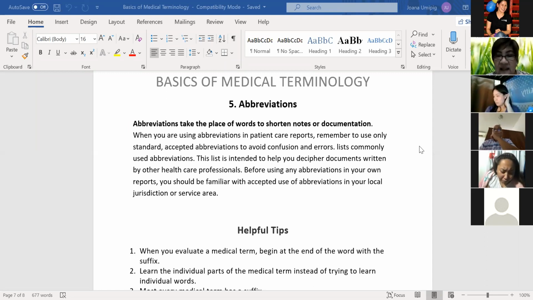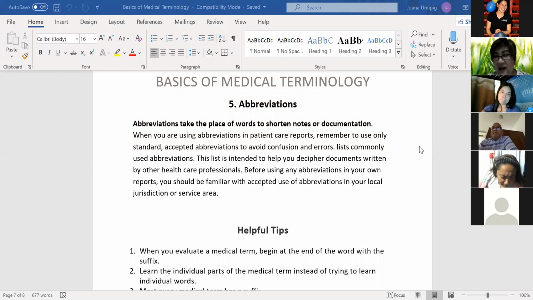So before using any abbreviations in your own reports, you should be familiar with accepted use of abbreviations in your local jurisdiction or service area. When it comes to medical records documentation, we have the approved list of abbreviations. There are many of these. If we go through them one by one, we won't finish in 3 hours.